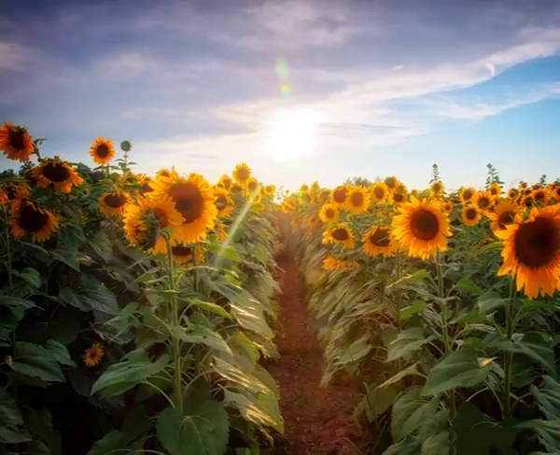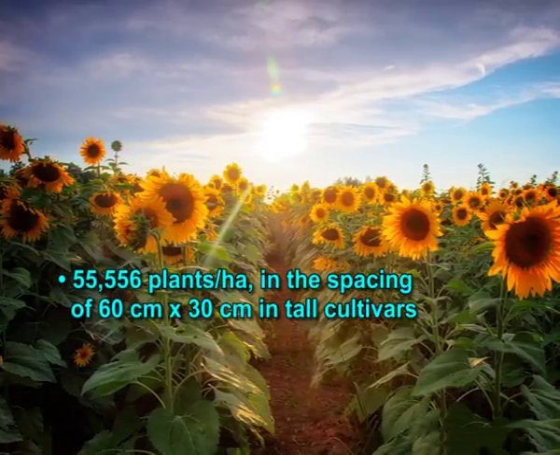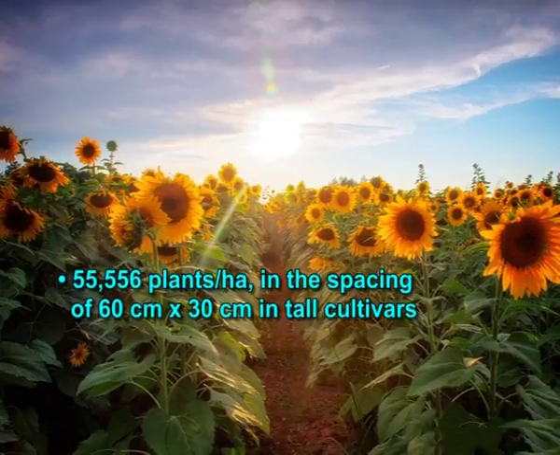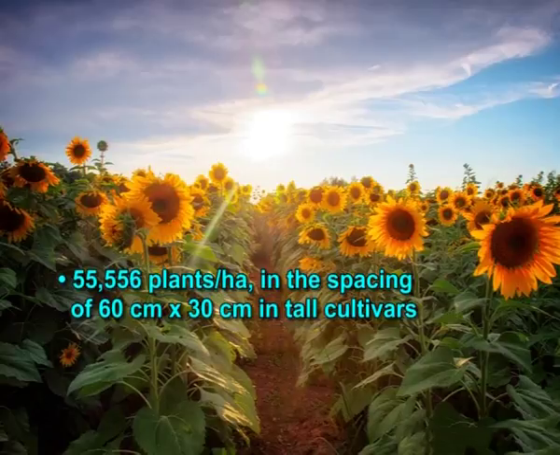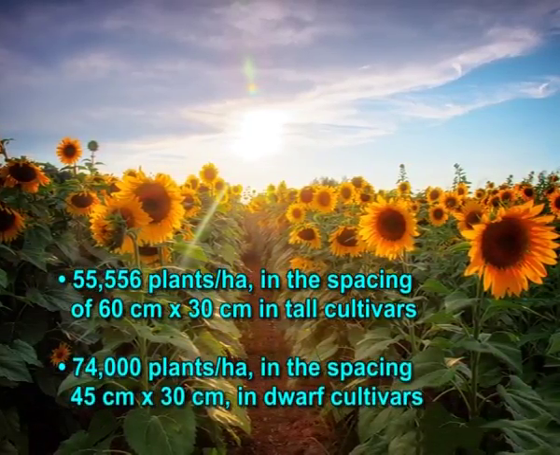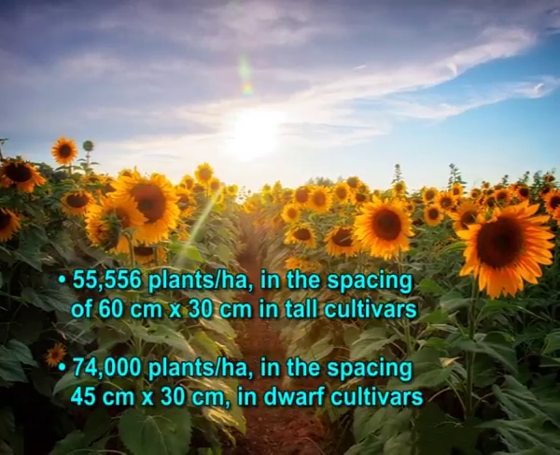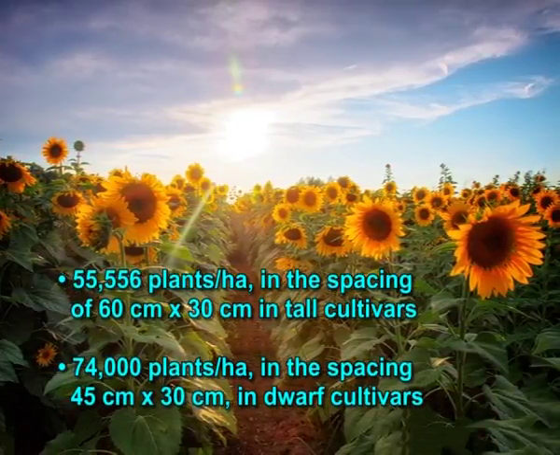A plant density of 55,556 plants per hectare in spacing of 60 cm by 30 cm in tall cultivars and 74,000 plants per hectare in the spacing of 45 by 30 cm in dwarf cultivar hybrids are optimum.